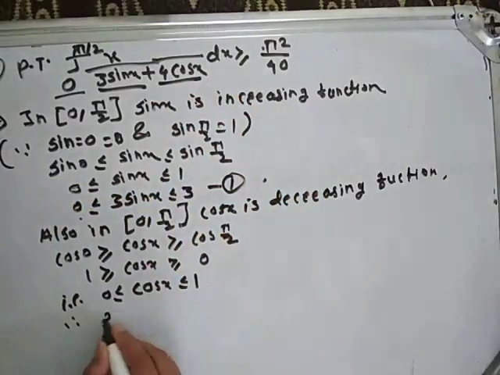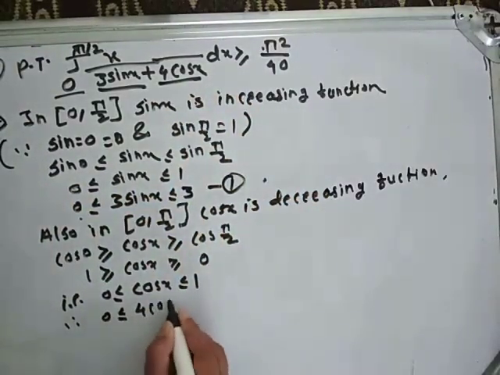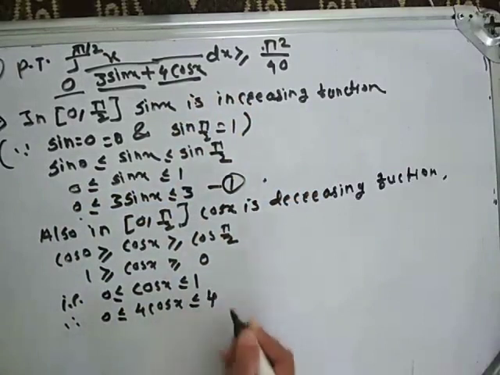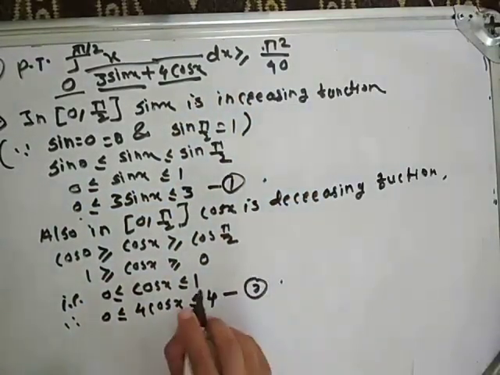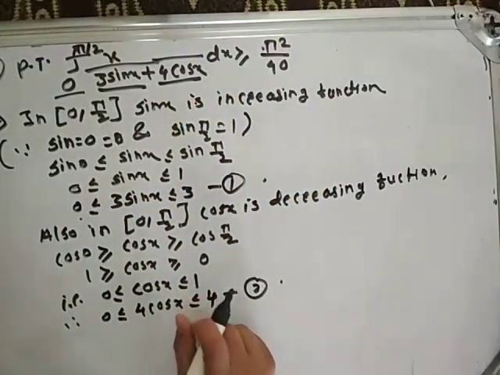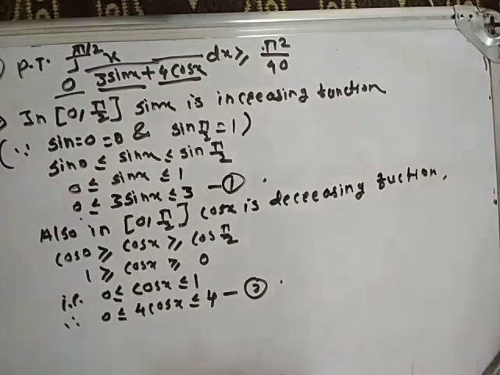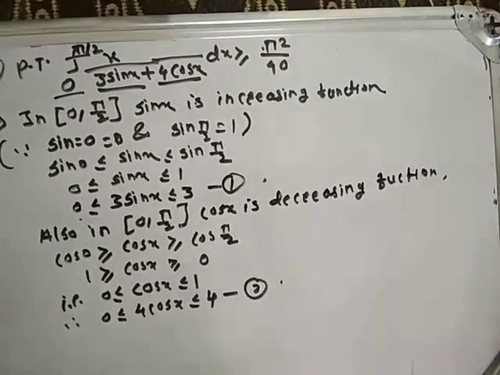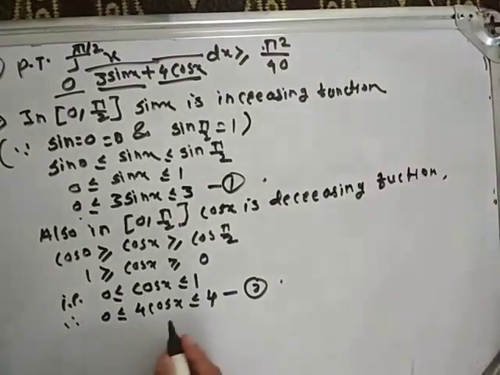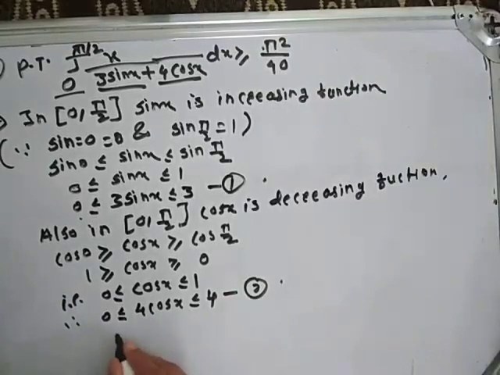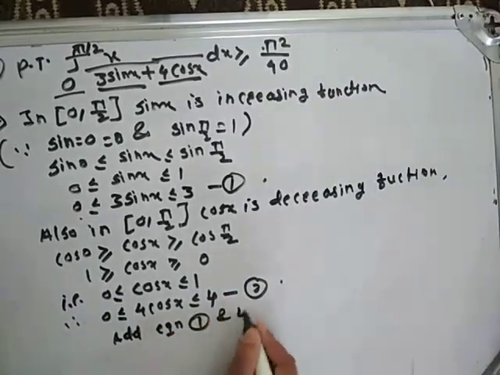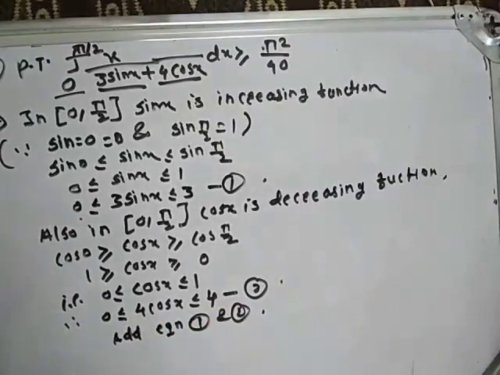So we will multiply throughout by 4. 4 cos x is less than or equal to 4. Call this equation number 2. Adding equation 1 and 2, what we will get?